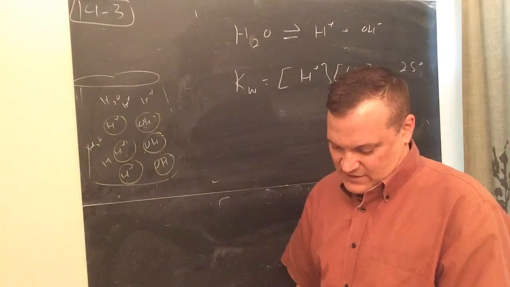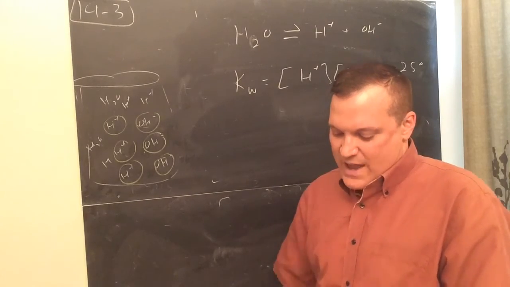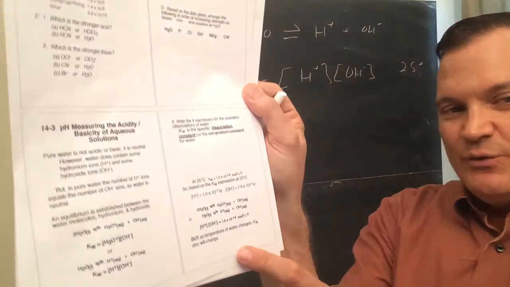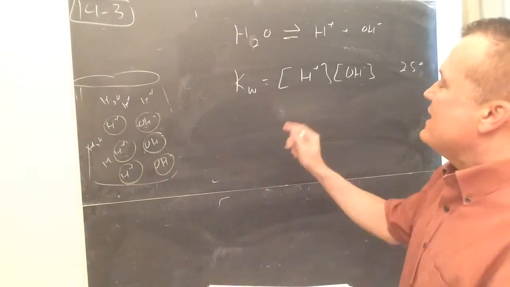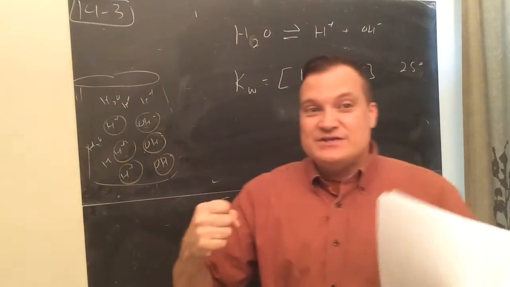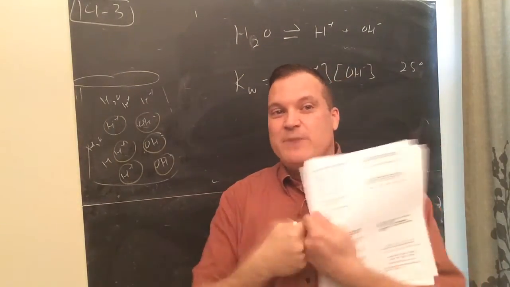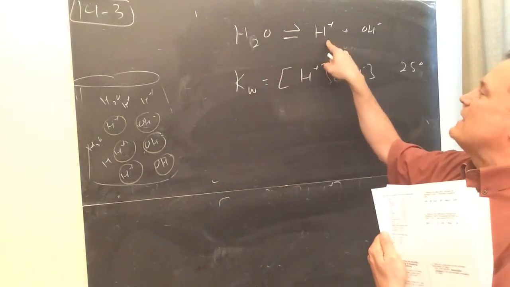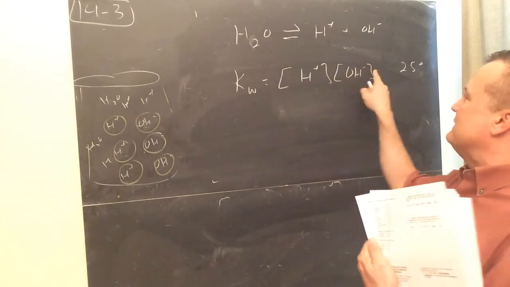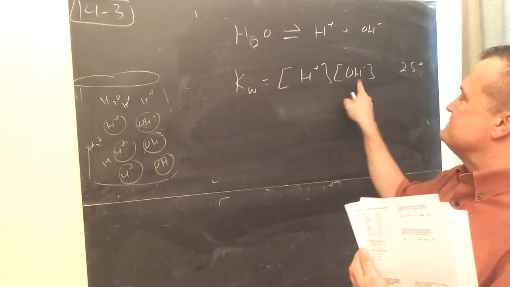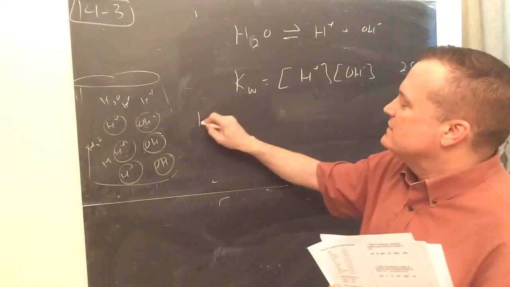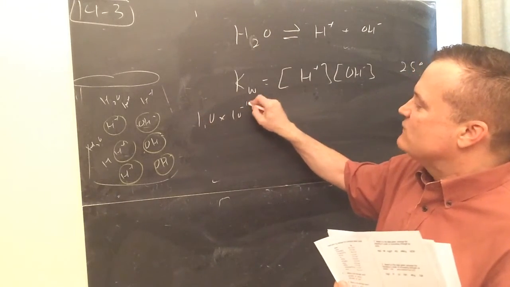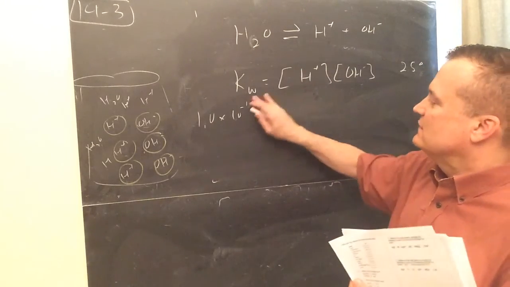I might not talk about that yet. No. Oh, as temperature changes, Kw will also change. Think about it. As temperature changes, the H2O molecules bump into each other. H2O molecules at room temperature pretty much bump in and make this math relationship true. It'll be 1 times 10 to the negative 14 when you multiply those.